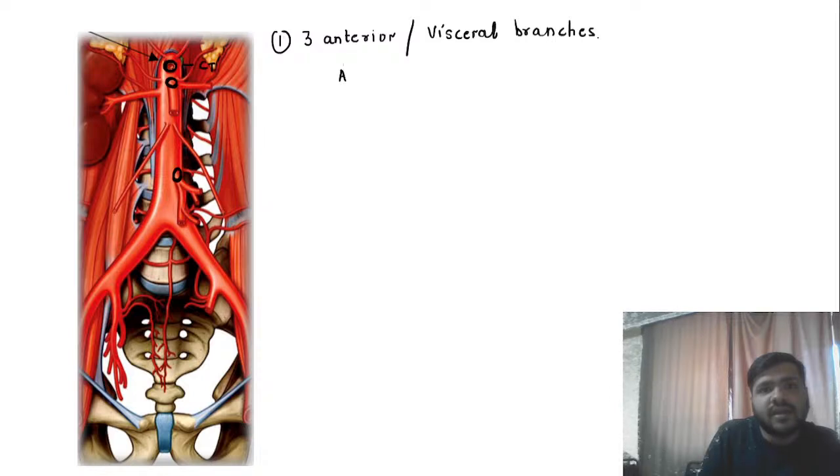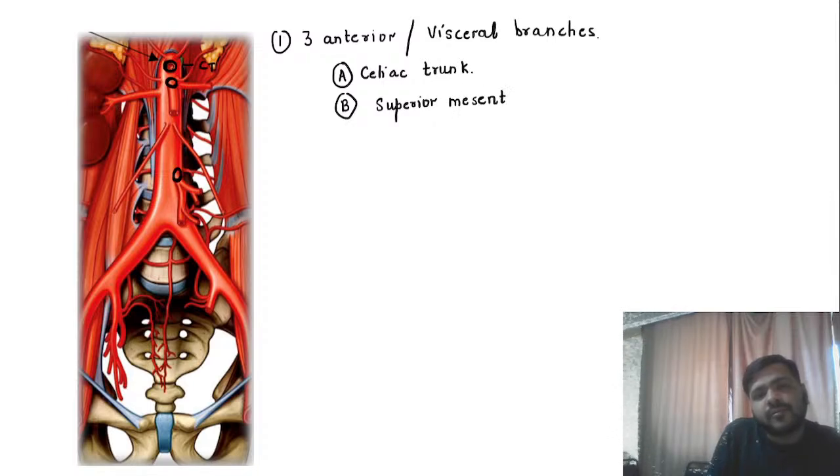So the three anterior branches: the first one is the celiac trunk. The second one, remember, is the superior mesenteric artery. The third one is the inferior mesenteric artery.